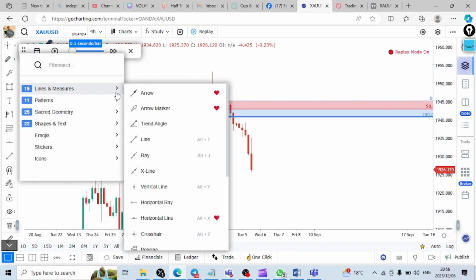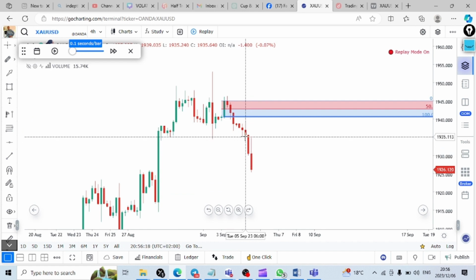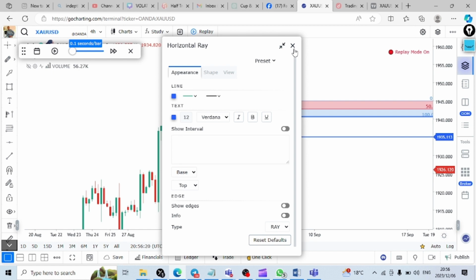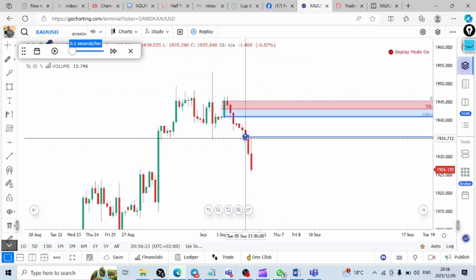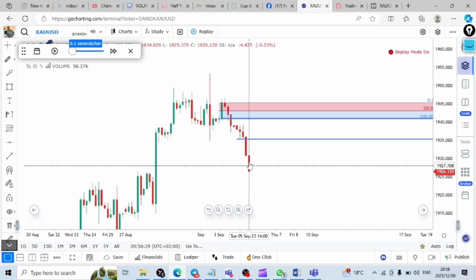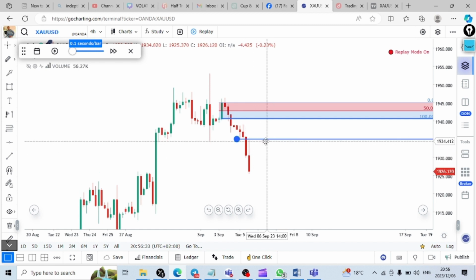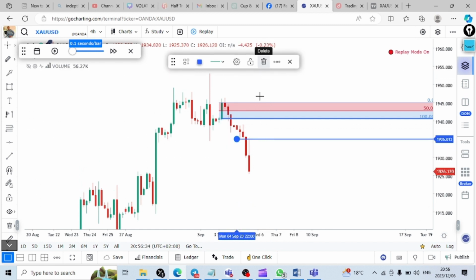So if you observe those last 3 candles, this 1, 2, 3, the low of the first candle and the high of the last candle are almost connected together. The high of this candle is connected to the low of this candle. So at this particular level, we don't have a fair value gap.